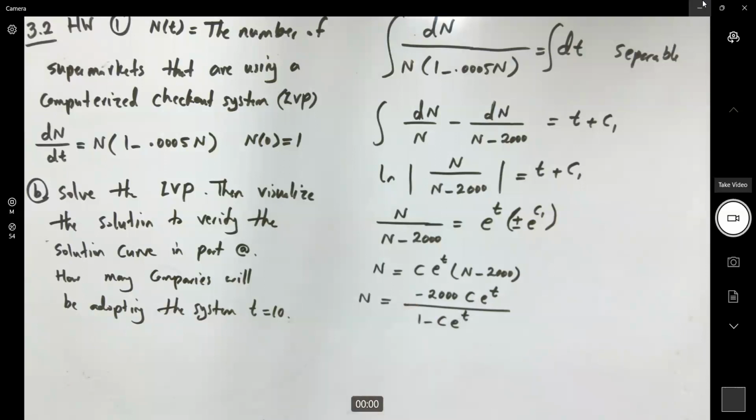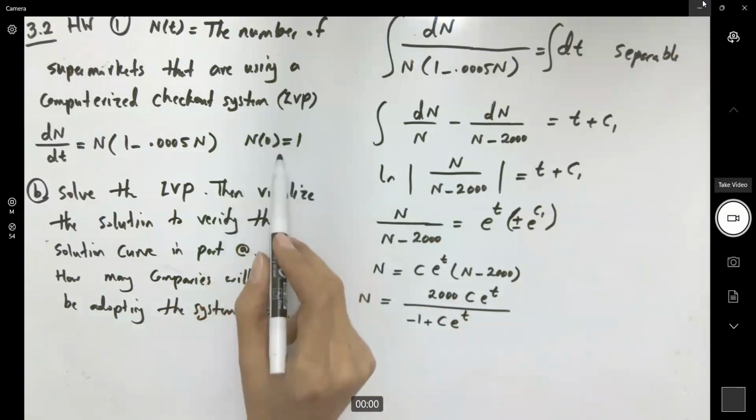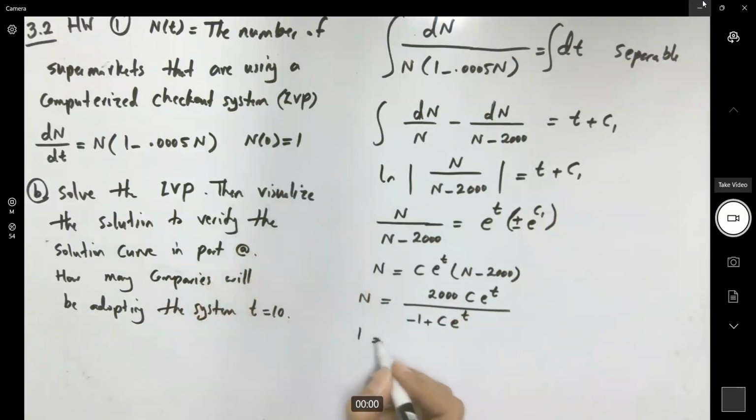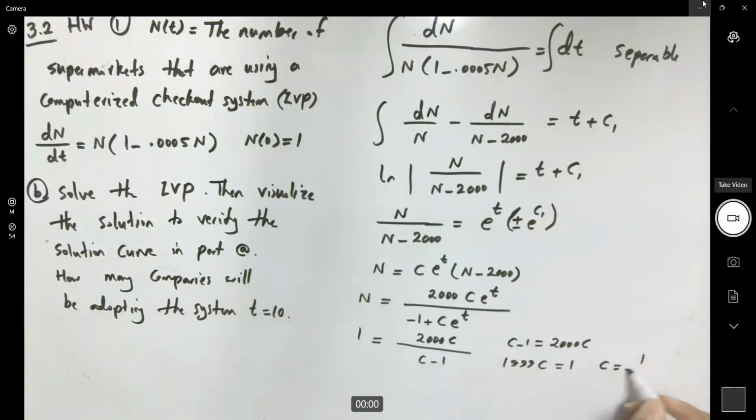We can distribute this negative sign at the denominator, and we have negative 1 plus c e to the t. Very well. Note that when t is equal to 0, n is 1. So 1 is equal to 2000 c divided by c minus 1. So c minus 1 is equal to 2000 c, or 1999 c is equal to 1. So c becomes 1 divided by 1999.